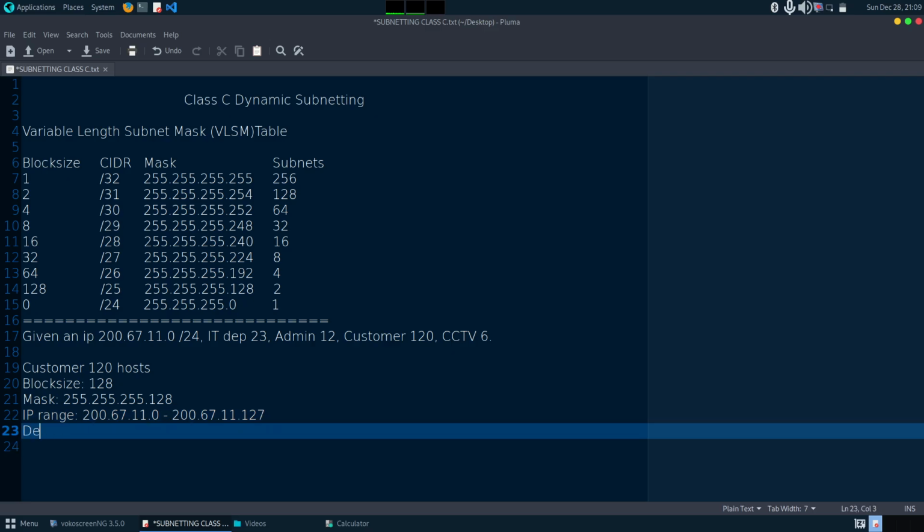We can also include our gateway if you want to. This is optional. For our gateway, we can just pick the first usable IP address within this range.